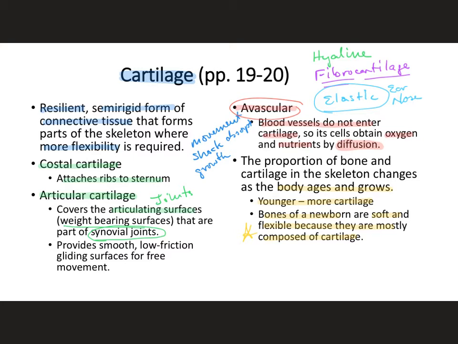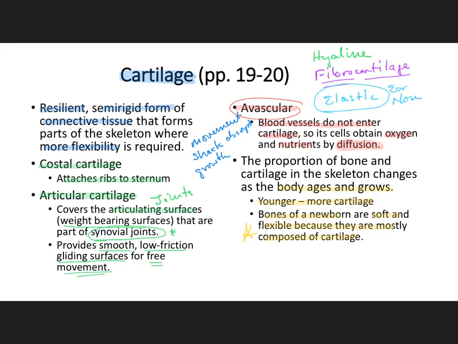And synovial joints are going to be the joints between bones of your fingers and your wrist and your elbow and your shoulder. So between the vertebrae, these are going to be joints that move a lot. So they need to have a padded, smooth surface, and that's why we use hyaline. So as I said, they provide a smooth, low friction, gliding surface so we can move them freely.